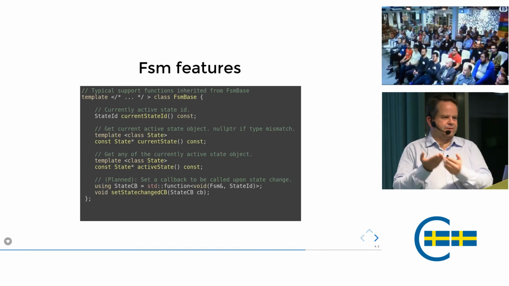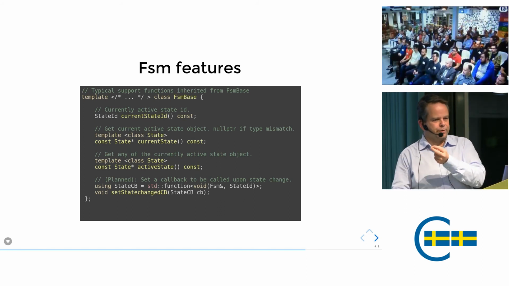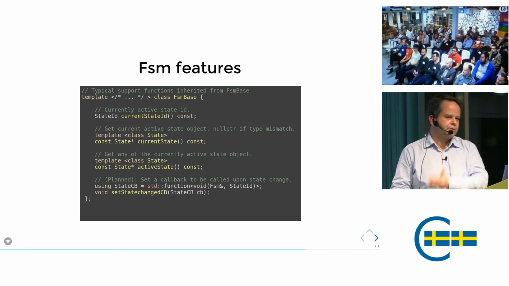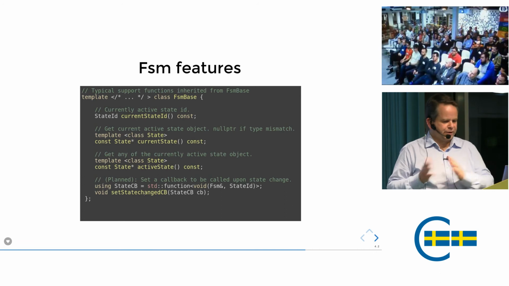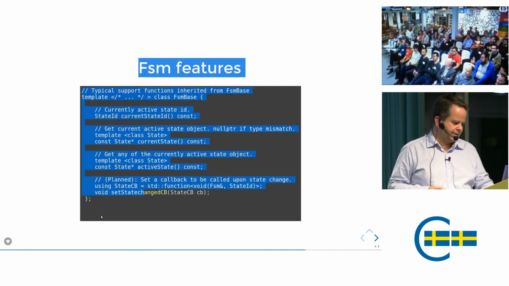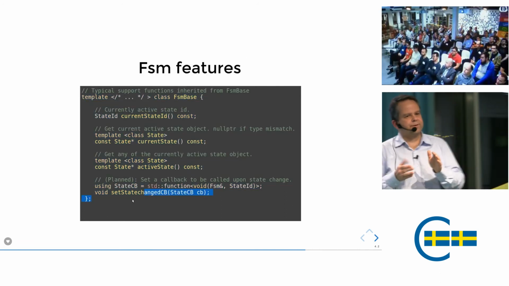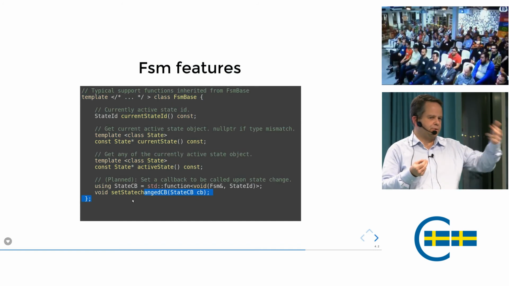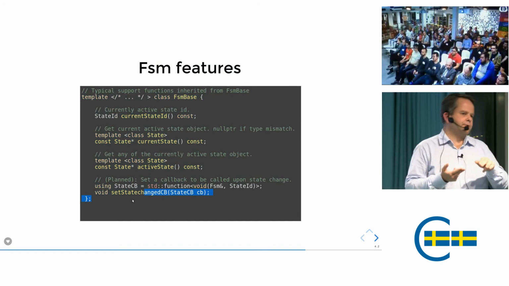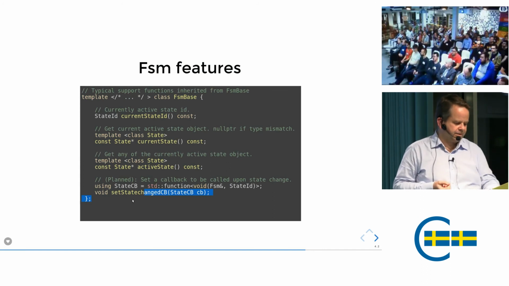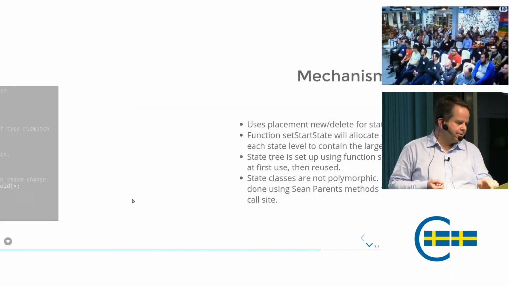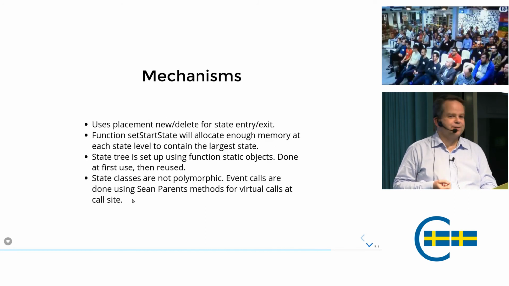Active state in this case is allowed to go down all the way to root if you're on a higher level, so you can access any of those objects. And the last part that's written but not in the code on GitHub is set state change callback. So you get a callback each time you do some kind of state jump in this one. And that can feed another state machine if you want to do it like that. So that's how you use it.